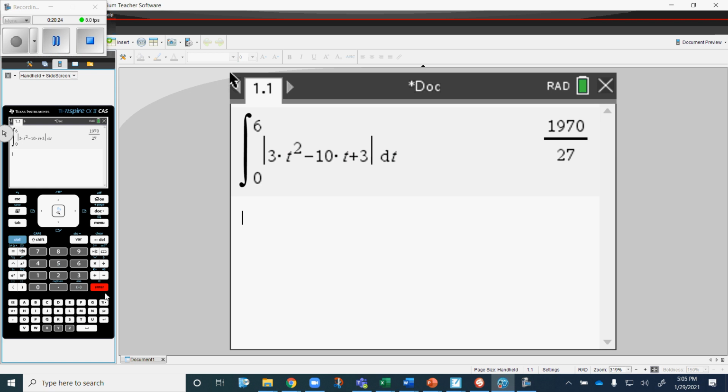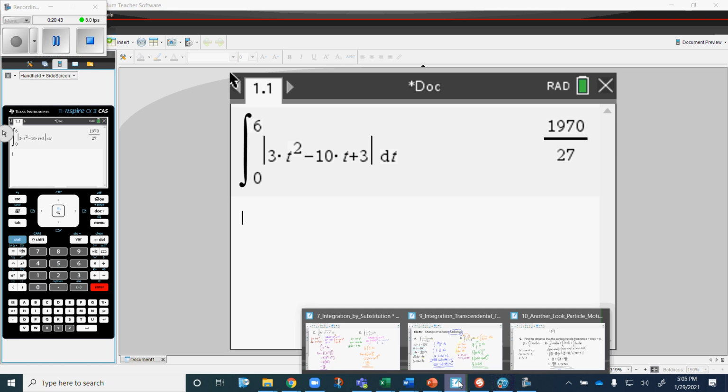And we'll hit enter, and we get 1970 over 27. So at the very least, we're verifying the process that we did was correct. But this is how you would do it on your calculator if you didn't need to show all of your discrete steps for the total distance.